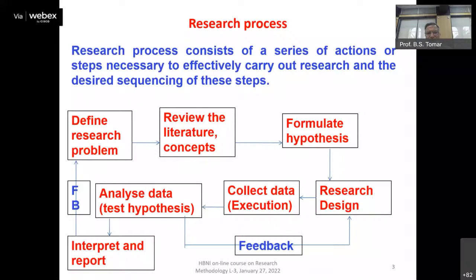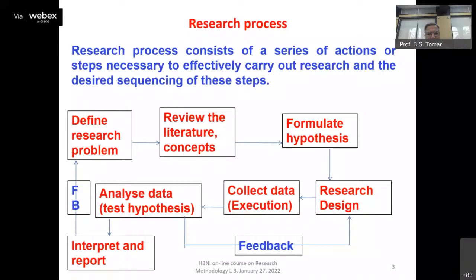So whatever I discussed in the previous slide is here in block diagram form. And then we collect the data, like execute the projects, and analyze the data, and there is a feedback mechanism, because many times you may not get the correct data, or there could be some problem with the data. So you give a feedback and remodel the research design. Similarly, when the analysis is done, we test the hypothesis and we make the interpretation, make a report, and then you will notice that from that problem, many other research problems arise.